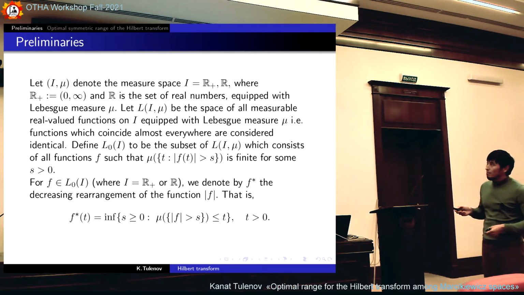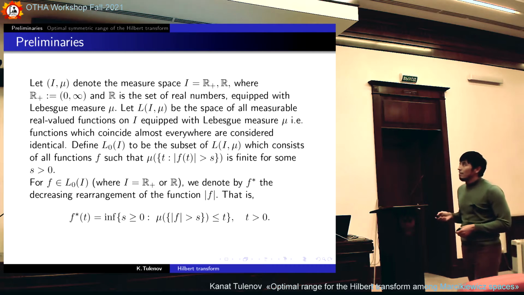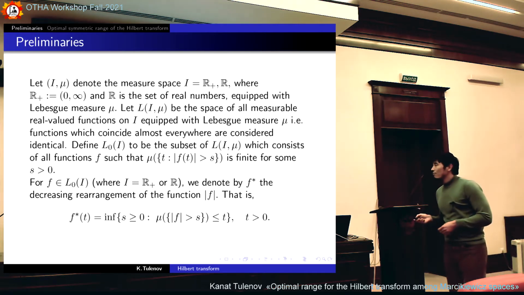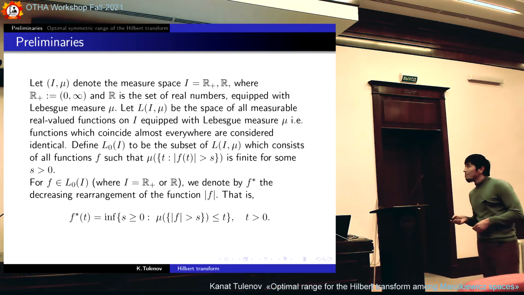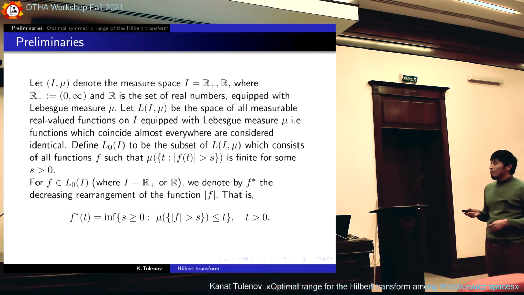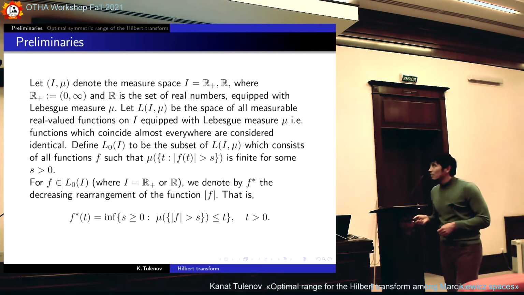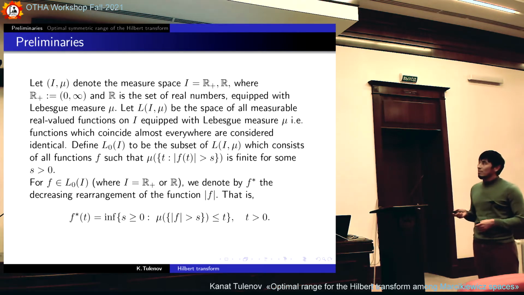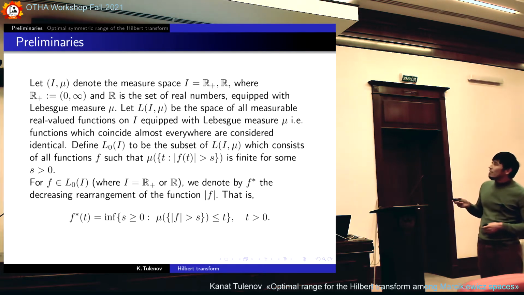So let (I, μ) denote the measure space. I is a half line or sometimes the set of real numbers. We denote by L(I, μ) the set of all Lebesgue measurable functions, and define L0 to be the subset of these Lebesgue measurable functions which consist of all functions satisfying this condition: this measure is finite for some positive number s.